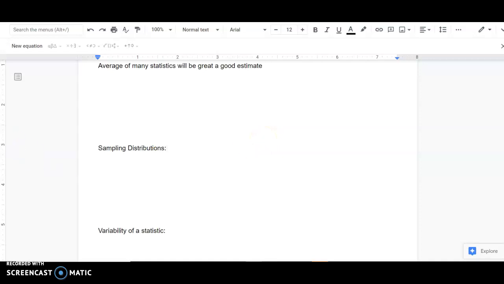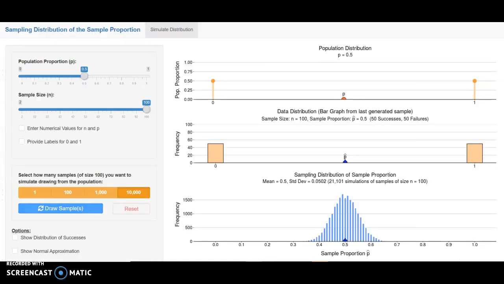So sampling distributions are going to be all the possible values of the statistic and how often it takes these values. So what we did in this program over here, this normal curve looking thing, is a sampling distribution.